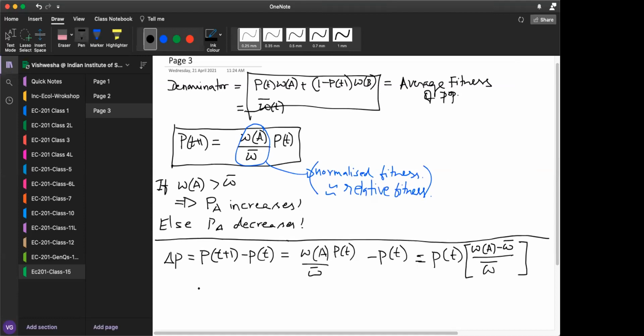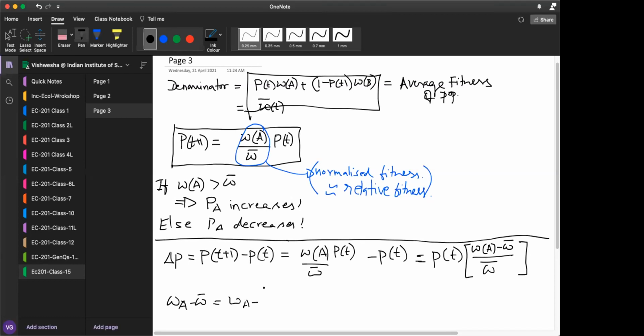Again, at every step, it's useful to interpret. So this is the change in the genotype frequency of A. This change will be positive when omega A is greater than the average fitness of the population. Makes sense, right? So again, we are on the right track. Let's just remember that omega bar is nothing but this expression. So let us try to simplify this omega A minus omega bar term.